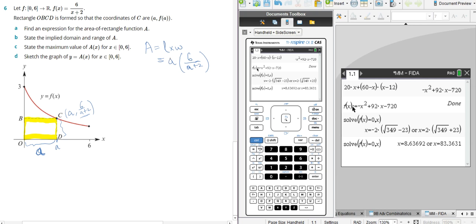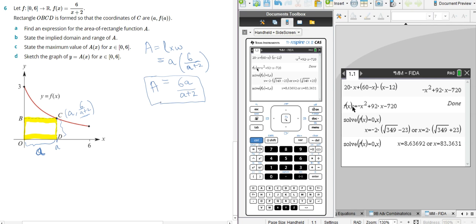So if A outside was 3, inside was 3 plus 2, which is 5. So you can't cancel out 3 with 5. This A is not on its own, it's getting added with something, that's why you can't simplify it. So the only way of simplification is to multiply the A with the 6, which is the numerator, and the denominator is A plus 2. So this is the answer for part A.